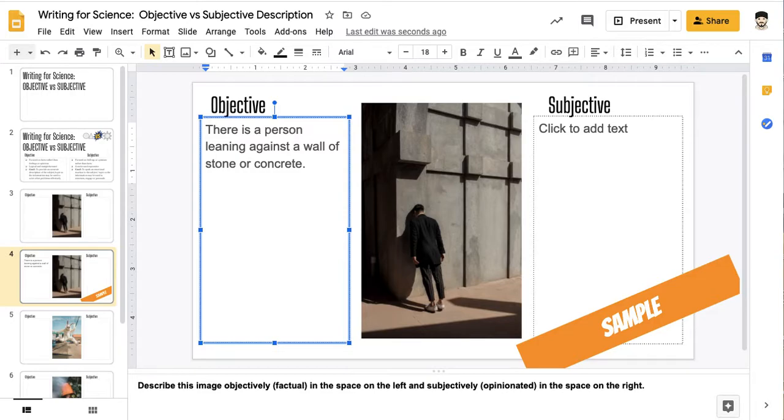But it seems to have evidence of that. The texture on the wall suggests, this is a key word in objective writing, it suggests, the information, the evidence provided suggests this is a concrete wall.